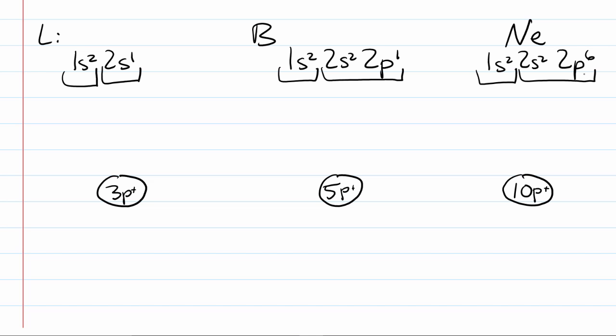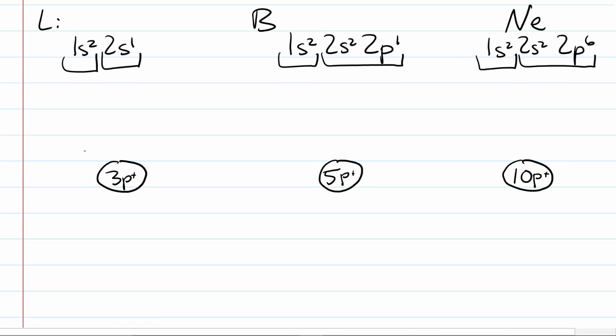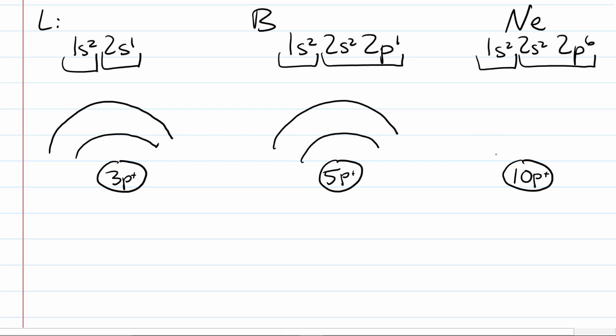Neon has 8 valence electrons. So we start drawing them in, showing the inner level electrons and the valence electrons. We're thinking of them as orbits, even though remember that's not a completely accurate way to write them.